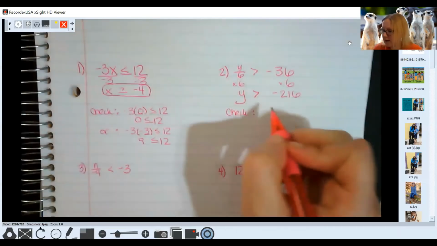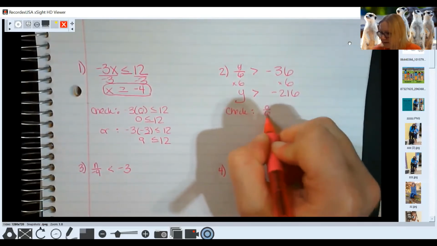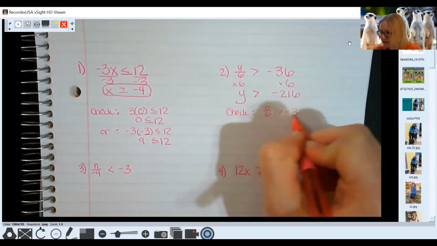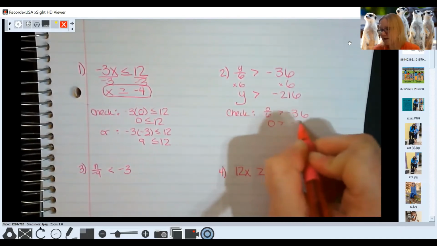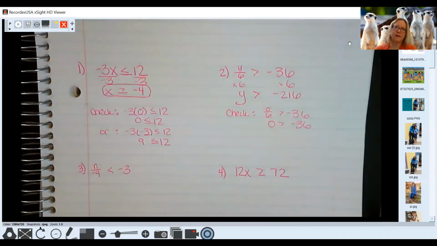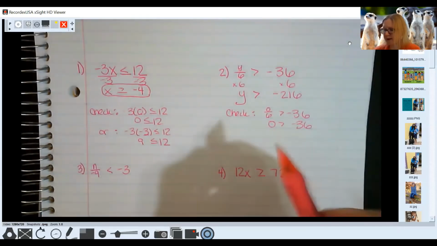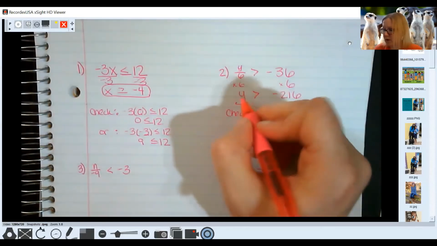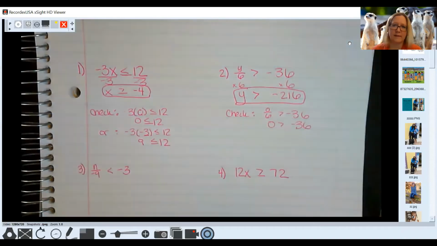So if I plug in, let's say 0 divided by 6 is greater than -36. Well, 0 divided by 6 is 0. 0 is greater than -36. So I know that that's correct. If I chose another value and plug it in, it would still work out.